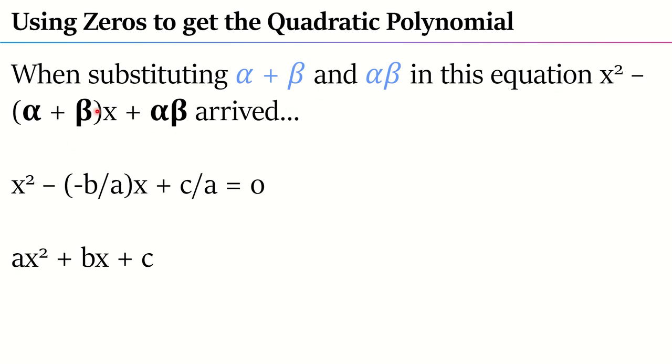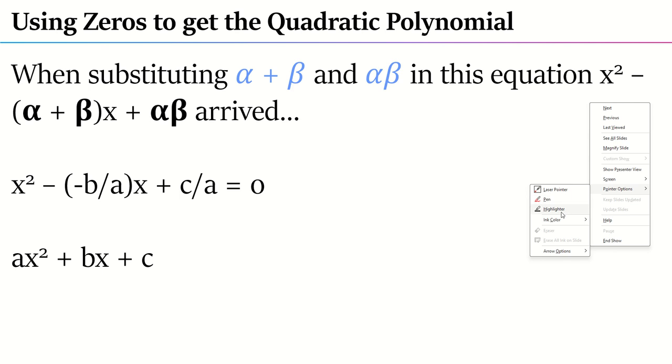So in the place of alpha plus beta, I put minus b by a. In the place of alpha beta, I put c by a. So the polynomial becomes x square minus b by a x plus c by a. And taking the LCM and calculating, you get the original equation back, ax square plus bx plus c. This is the background of how this equation is arrived at.